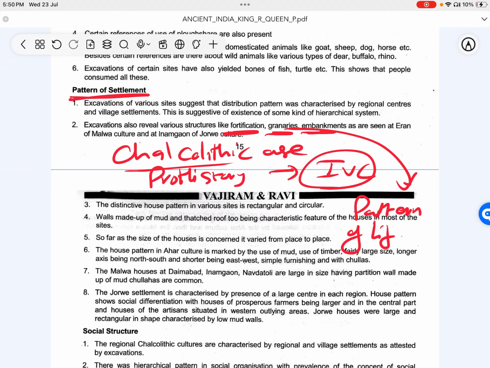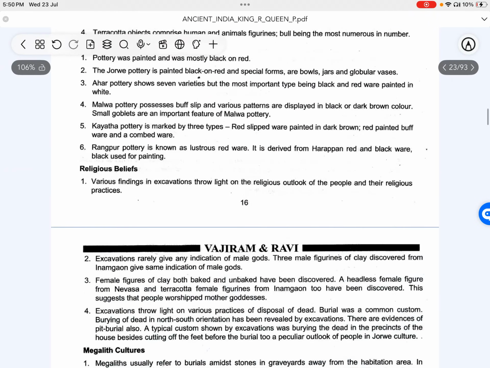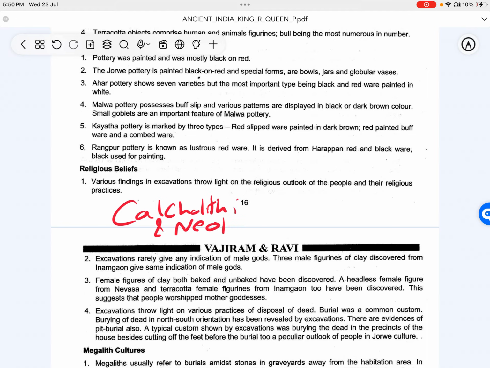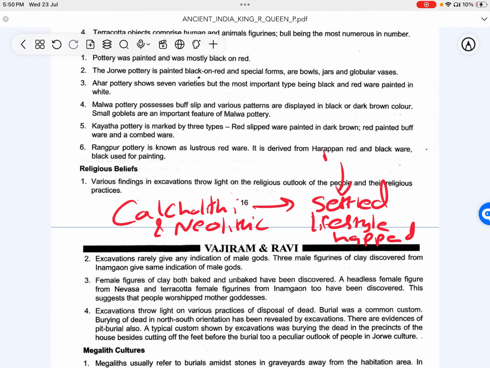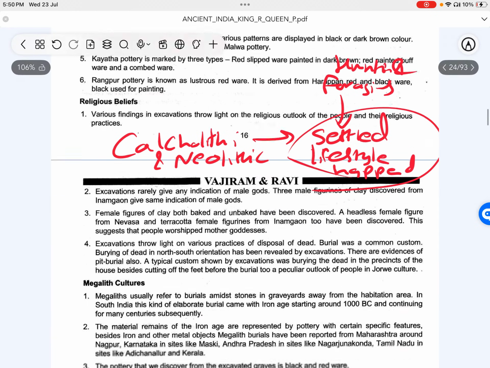That's why we need to understand in detail the Chalcolithic and Neolithic, because they are the main phases when the settled lifestyle happened, compared to hunting and foraging.